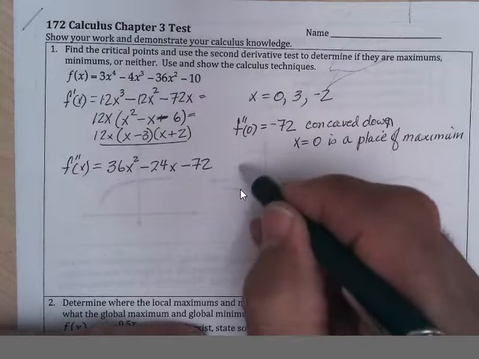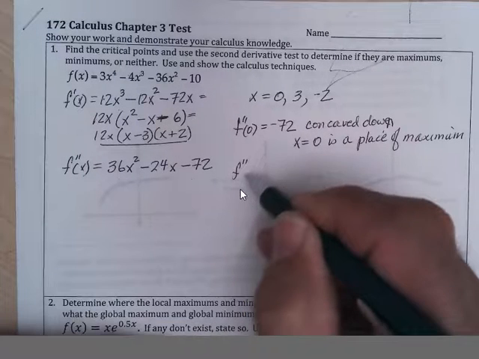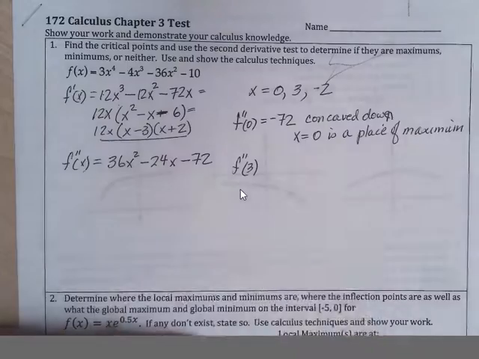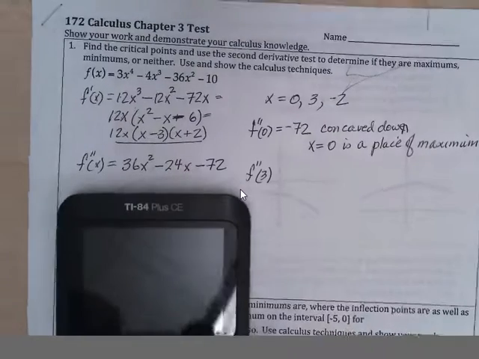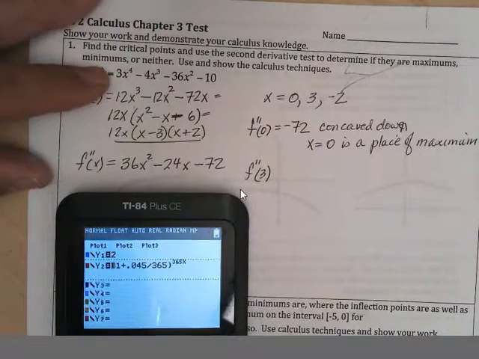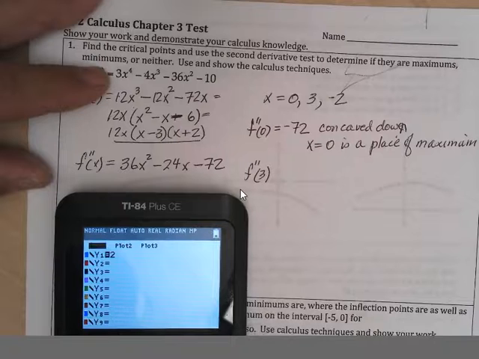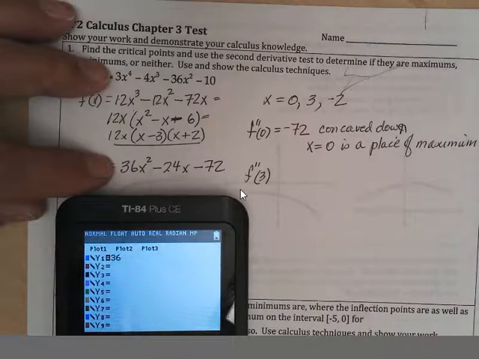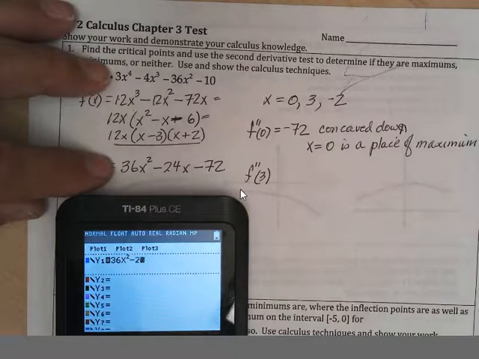Then if we put in f double prime of 3, it's a little bit hard to do, so I'll just type that equation in. 36x squared minus 24x minus 72.